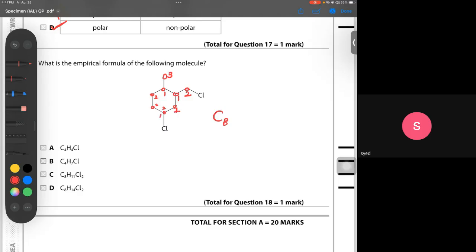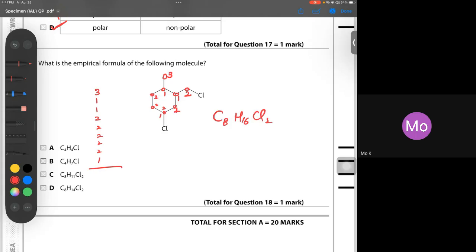How many hydrogens do I have? Three plus one plus two, and then two, two, two, two, one. Can you tell me the total? Yep, 16, then Cl2.